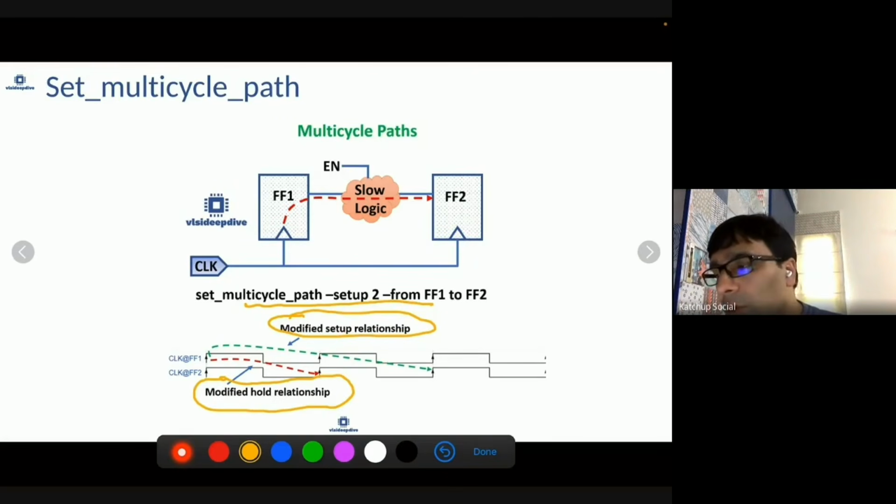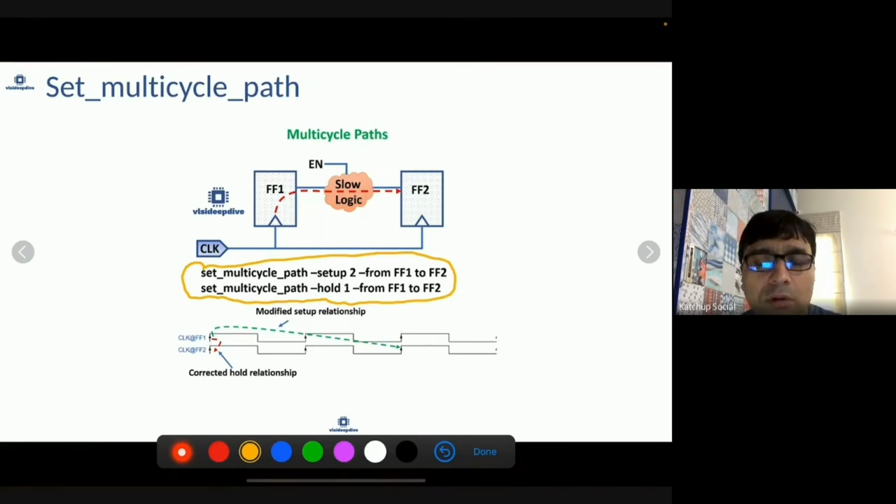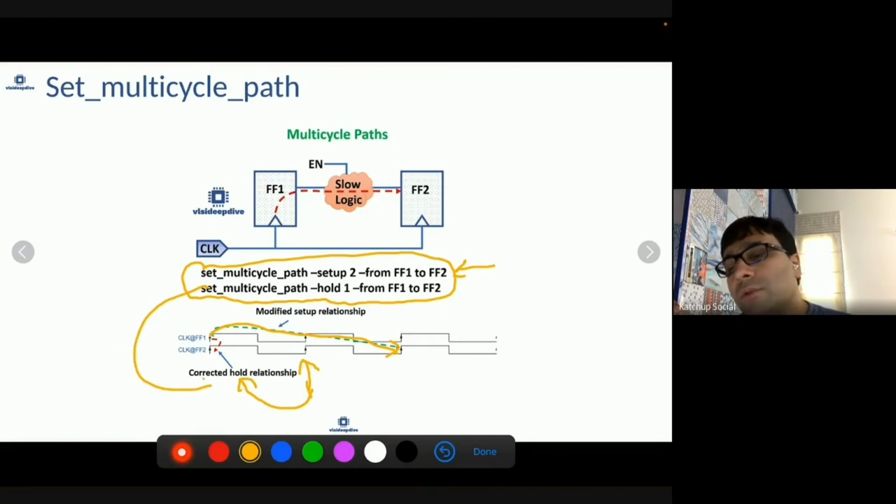If you don't want to modify the hold relationship and you want to return it to default, then typically you will add a hold multi-cycle path command also with setup. And typically, unless in specific cases, these commands are used in pair. Here, what you are saying is, I modified the setup relationship to 2 cycles, which modified my hold relationship to this edge, and I'm correcting it by using this command to 0 cycle hold.